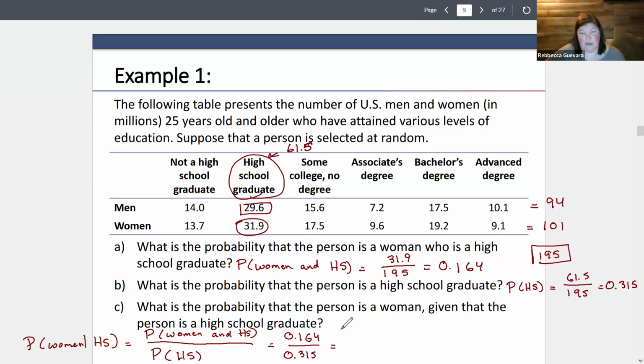Or we can just use the 31.9 out of 195 and the 61.5 out of 195. We know that's just going to turn into 31.9 out of 61.5. And that's going to be almost a half. So almost 52% of high school graduates are women.